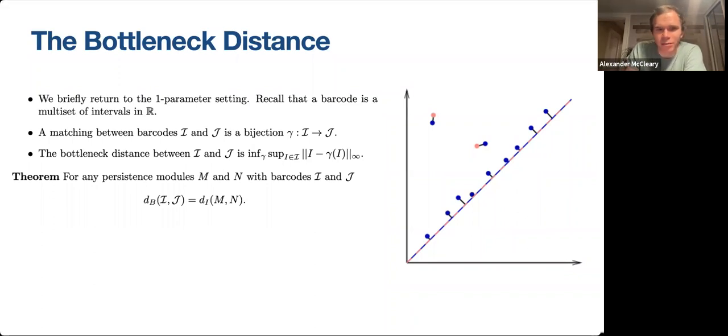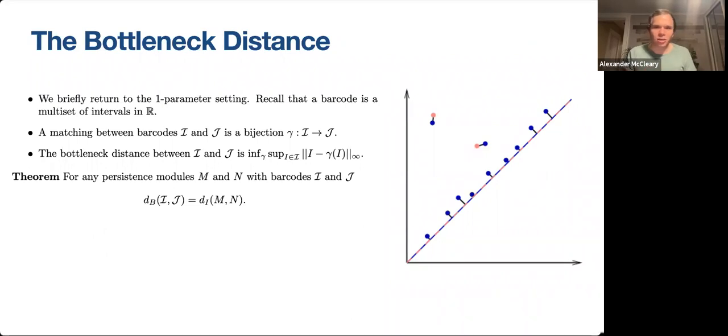Right, and we have this right here, which is the bottleneck stability theorem. If we have two persistence modules M and N, and they have barcodes I and J, then the bottleneck distance between I and J is at most the interleaving distance, or actually this is the isometry theorem. The two distances are actually equal. Last time we saw the bottleneck stability theorem, which is one side of this, that the bottleneck distance is less than or equal to the interleaving distance.